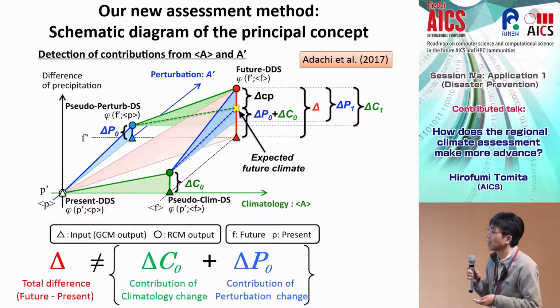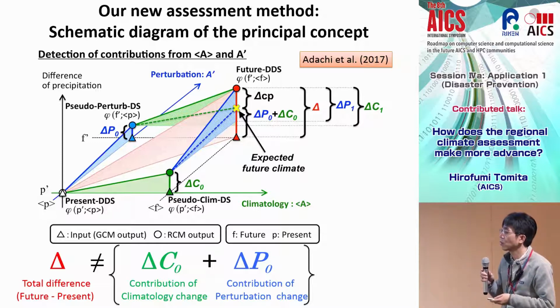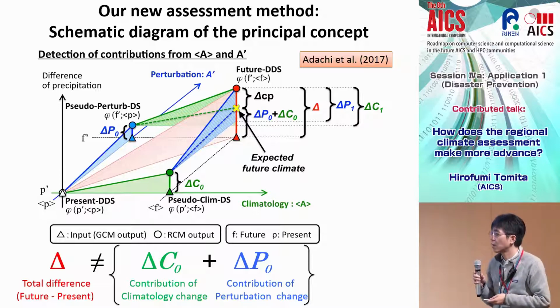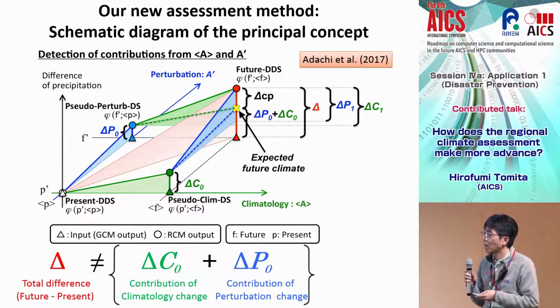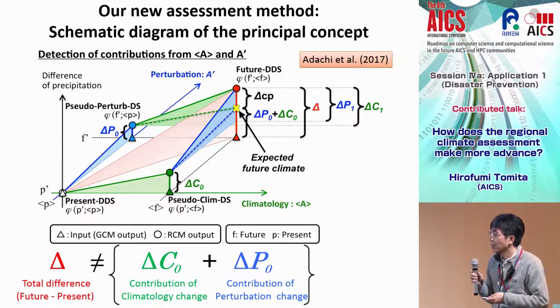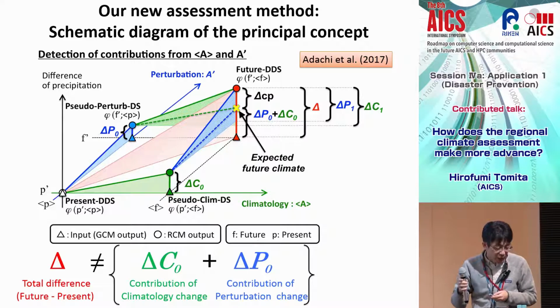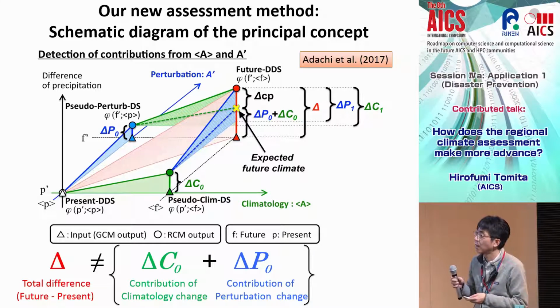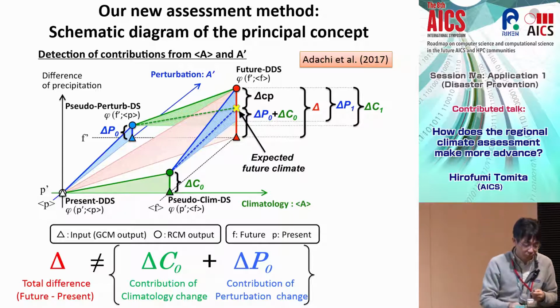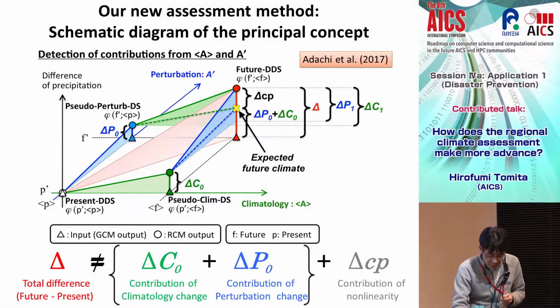And delta C is the contribution of climatology change, obtained by changing just the climatology. And delta P is the same way, the contribution of perturbation change, obtained by changing only the perturbation from present to future.